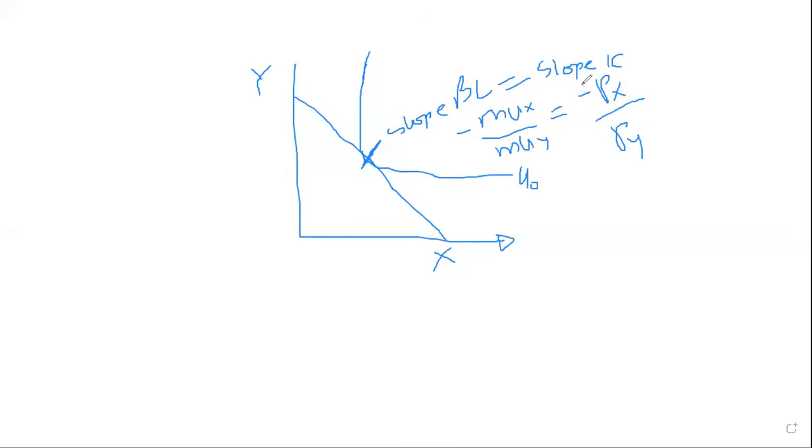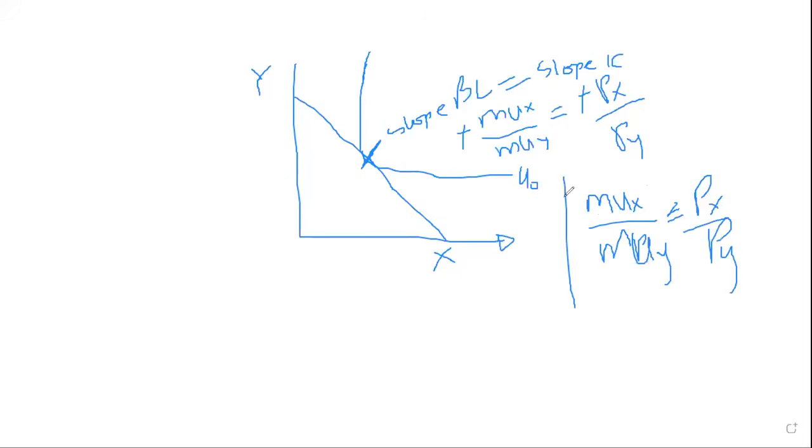So these minus signs can cancel each other. So at the end of the day, we have MUX over MUY is equal to PX over PY.